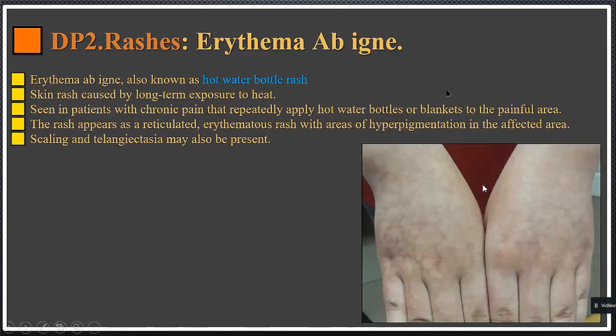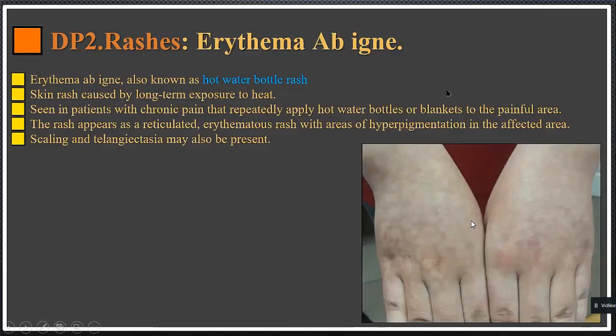Another erythema: erythema ab igne. This patient sometimes uses hot water because of pain, so it's called hot water bottle rash. This rash, this one in the abdomen and this one in the hands, is because people are using hot water.